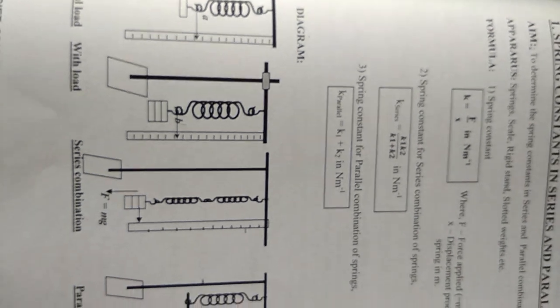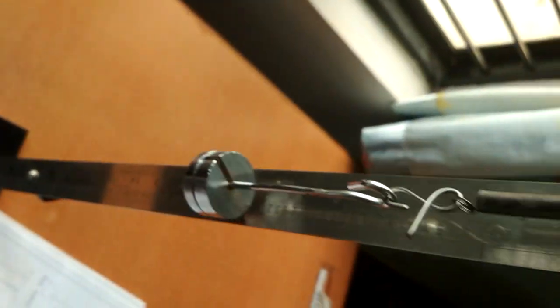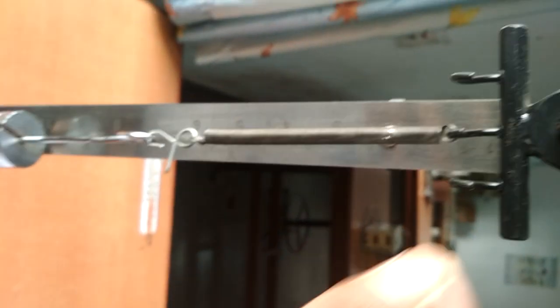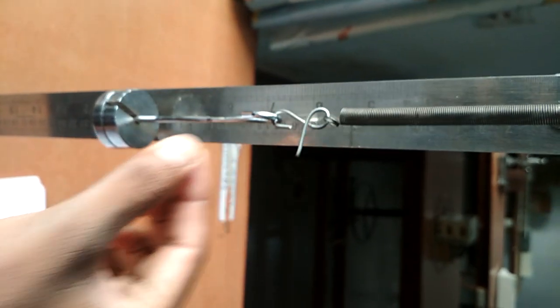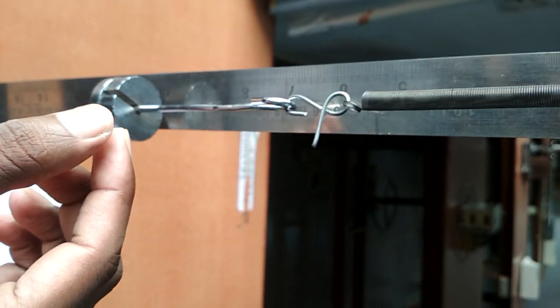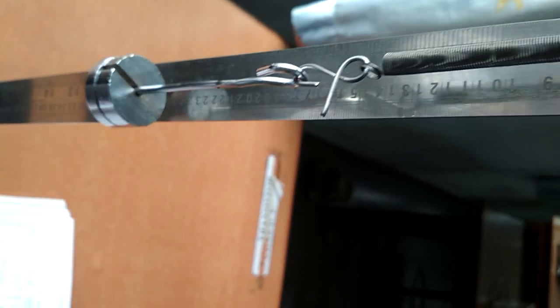For example, this is the initial load. One end is fixed, and at the other end we apply the load. With the initial load, what is the pointer reading?